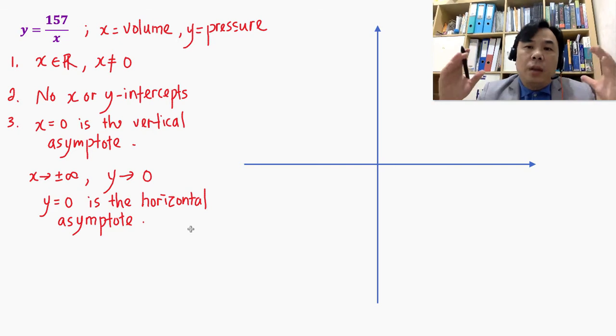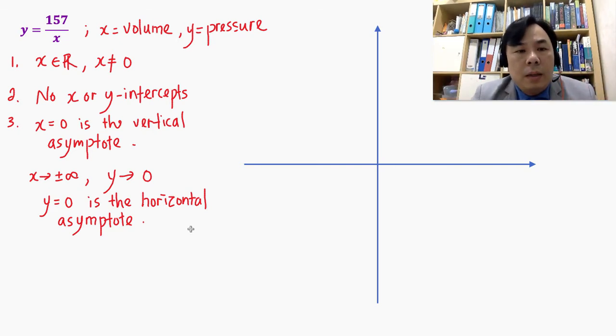I hope that is clear. And then, of course, lastly, you might be wondering if there are any stationary points. So we can try out guideline number 4. To find the stationary points, we are going to perform differentiation here. If we get the first derivative, our answer is actually 157 over x squared.